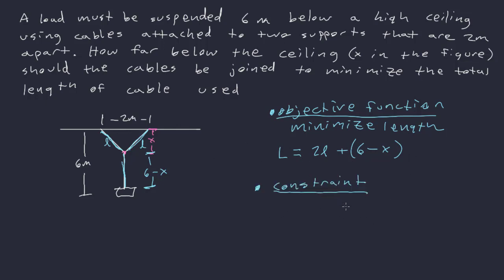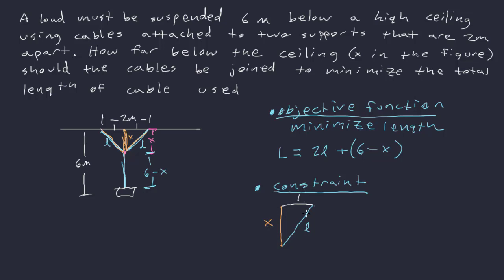And so what is the constraint? Well, this one's a little stranger than the ones we've seen before, because we aren't explicitly told the constraint, but it comes from right here. It comes from the fact that these L's are completely determined by X, because X is the height of the right triangle they make. The constraint comes from the fact that we have an X by 1, because we're splitting this 2 meters in half, by L right triangle.